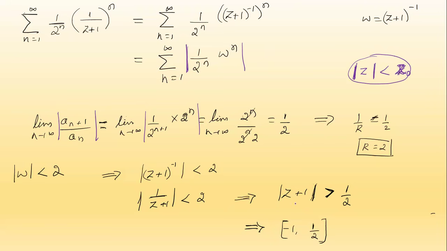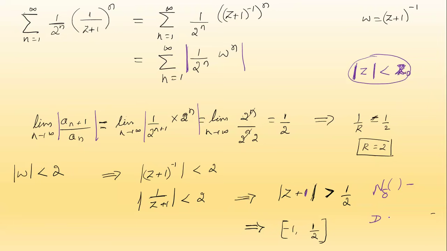But here we are getting modulus of z plus 1 greater than 1 by 2. Therefore, if we take this one to the other side, it becomes minus. This is convergent in what condition? In the deleted neighborhood of this point, that means the domain minus the deleted neighborhood.